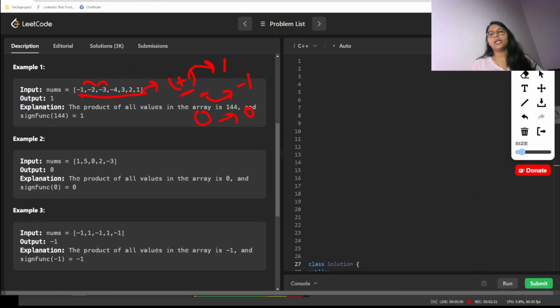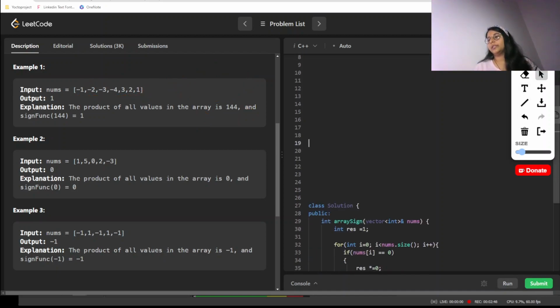That is how we are required to do this question. Basically, for that purpose we traverse this array and check what the product ultimately is, whether it is negative, positive, or 0, and that is what we return at the end.